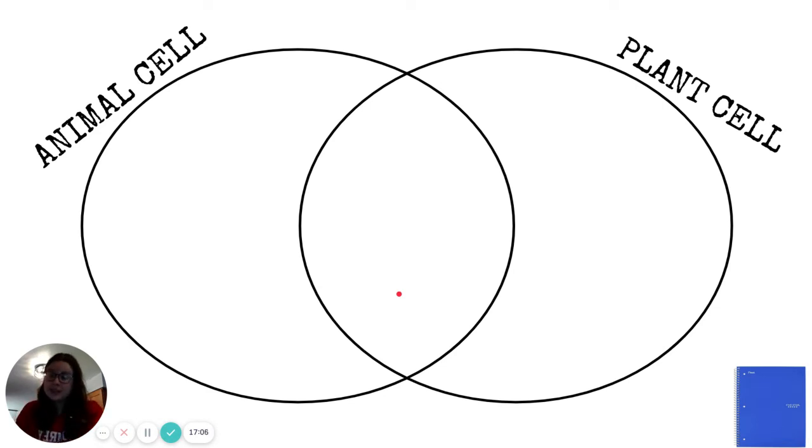There are a lot of similarities between animal cells and plant cells. Now, if you'd like to give this a try, potentially pause the video and see what organelles can you fill in this Venn diagram. I'll show you what I came up with now.